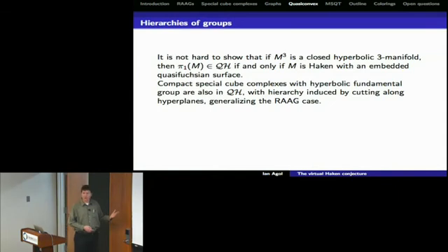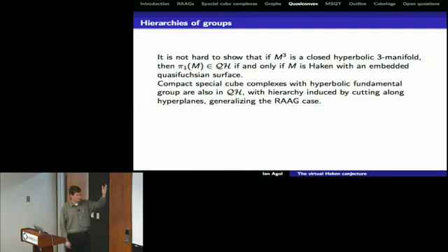Also, compact special cube complexes with hyperbolic fundamental group are going to have a quasi-convex hierarchy. Well, the hyperplanes are totally geodesic. In particular, the hyperplanes are going to be quasi-convex subgroups because they're totally geodesic in the metric of the cube complex.